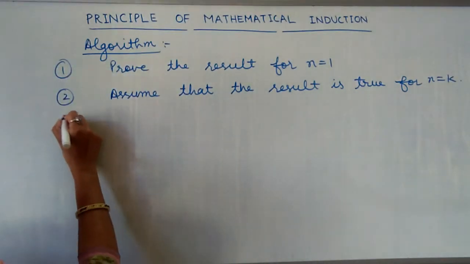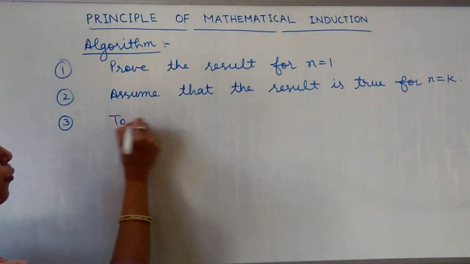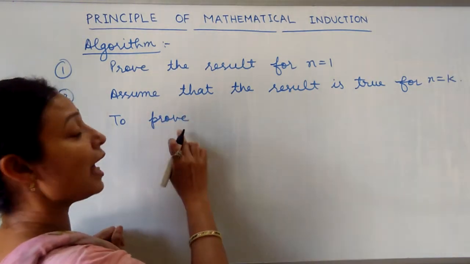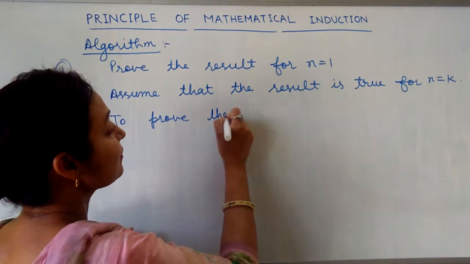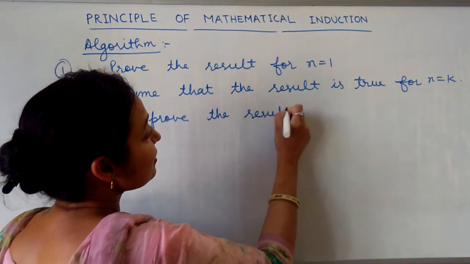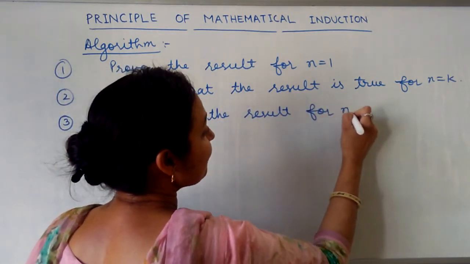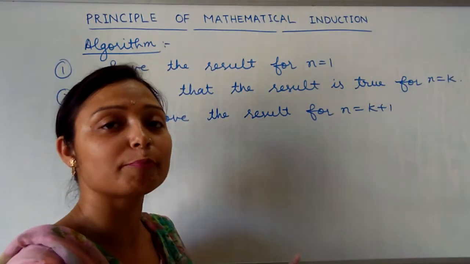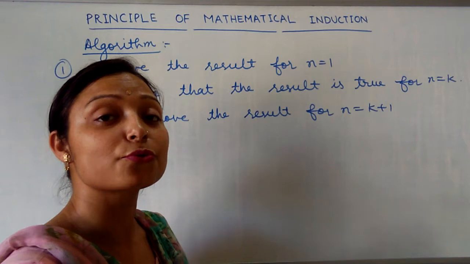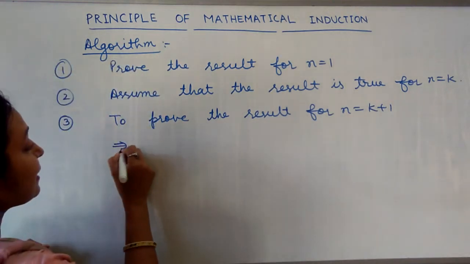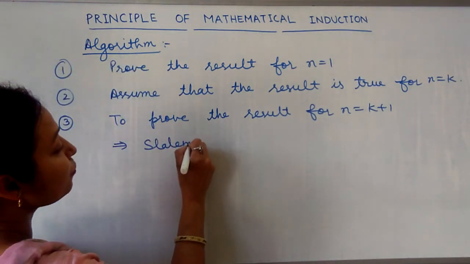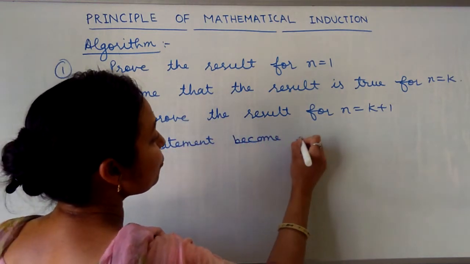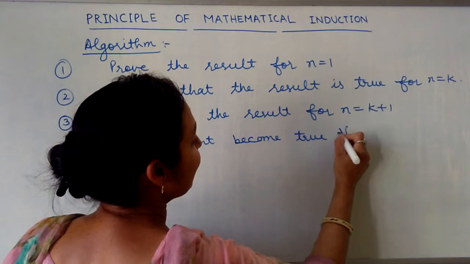Okay, now the third step, that is to prove the result. By using the second one, we have to prove the result for n equals to k plus 1. After that, we can say that the statement is true. This implies the statement becomes true for all n.